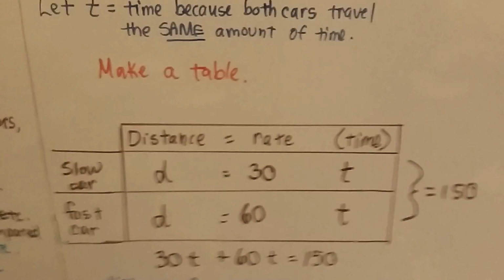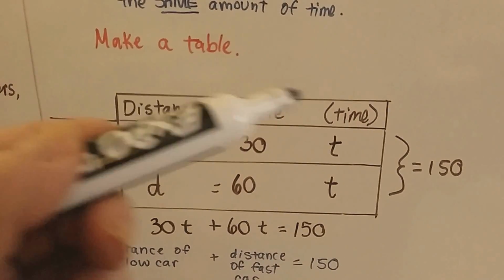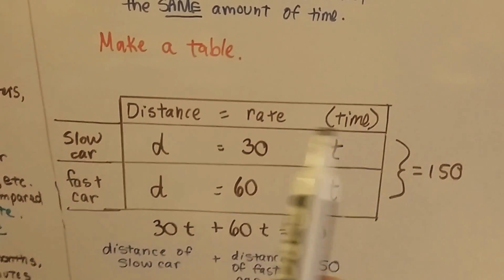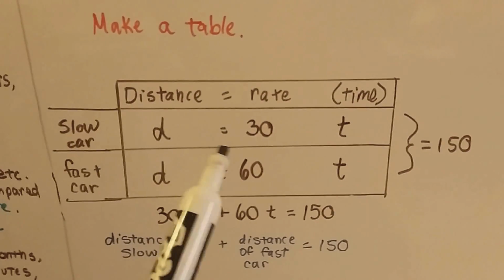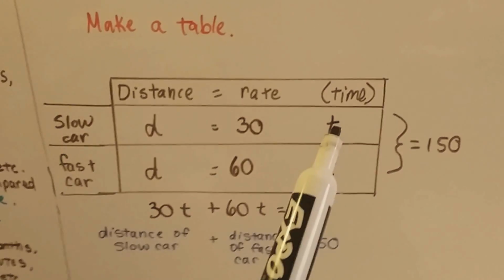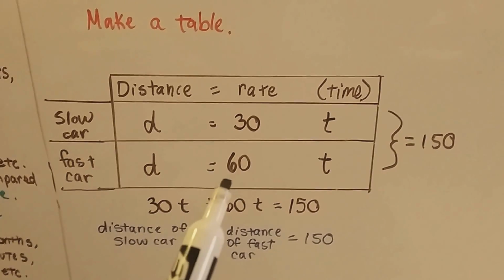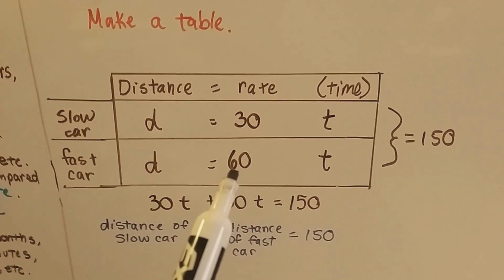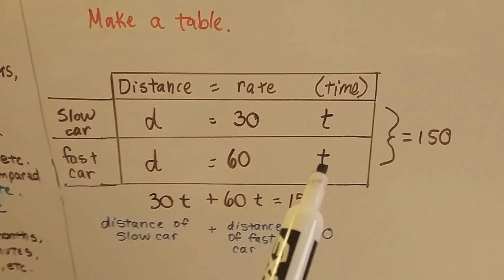So we have our slow car and our fast car, and our distance equals rate times time, multiplied by time here. And the slow car's distance is going to equal 30 kilometers per hour, so its rate is 30 multiplied by the time. The fast car's distance is going to be its rate of 60 kilometers per hour multiplied by however much time it is.